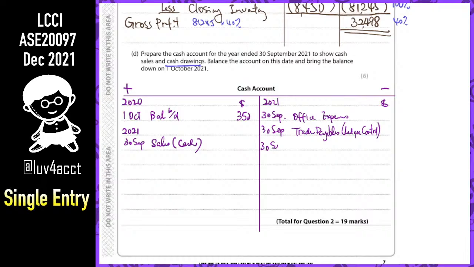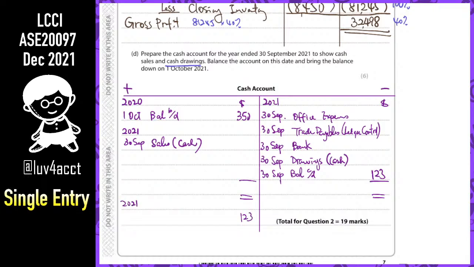And I have banked, and I have cash drawings. You don't need to write drawings because drawings is an account, but cash drawings is not an account, so you can add by saying that this is cash drawings. And last you will have your balance carried down. 1, 2, 3. I remember it like that.